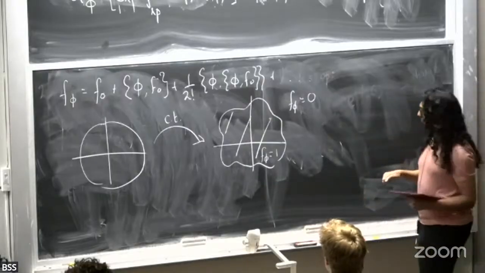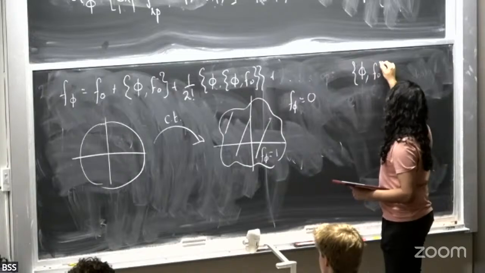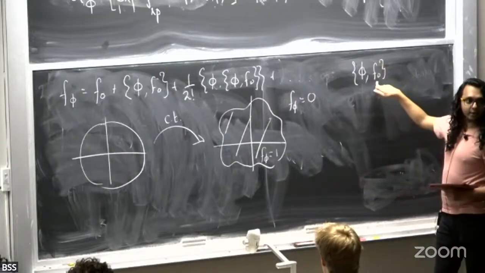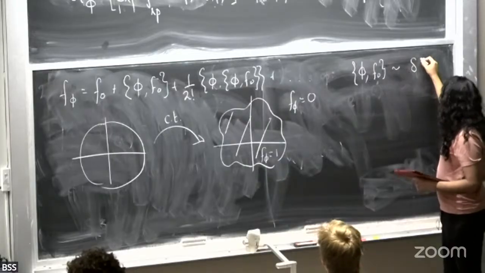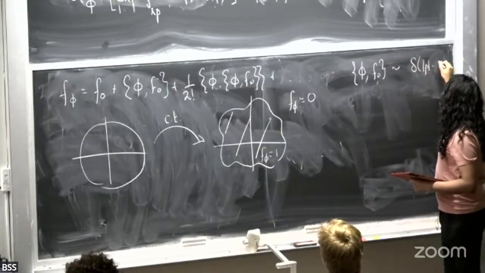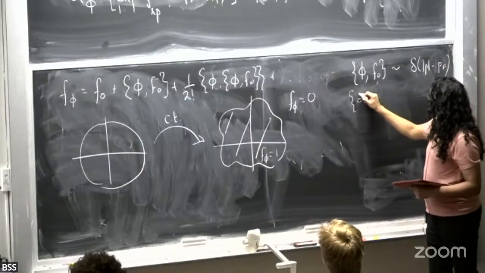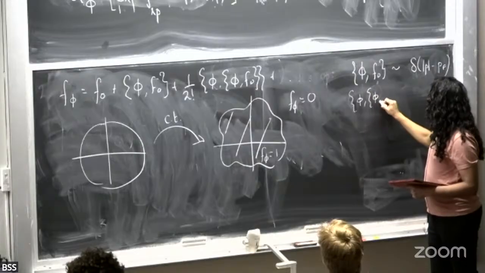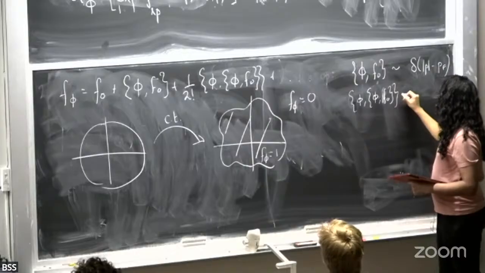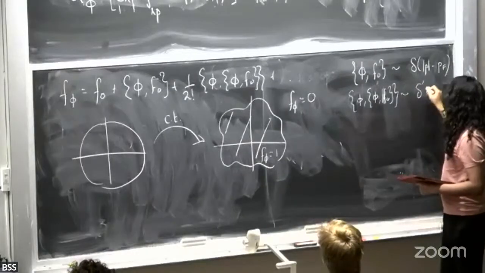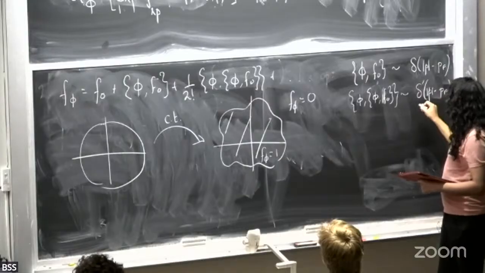To see this algebraically, notice that the Poisson bracket of phi with f naught, because you have a grad p acting on f naught being the theta function, is proportional to delta of mod p minus pf. And then two such Poisson brackets acting on f naught is proportional to delta prime of mod p minus pf, and so on and so forth.